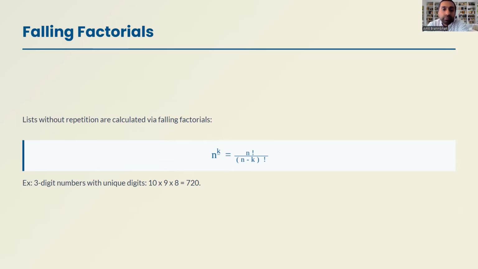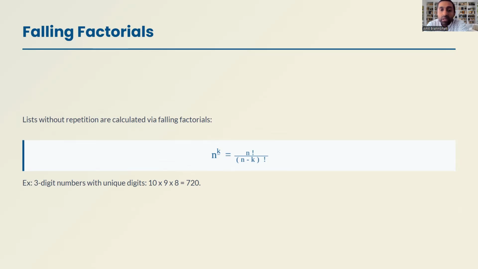Falling factorials. When we build a list of length k from n options without allowing repetition, we calculate the result using falling factorials. This is denoted as n to the falling k.